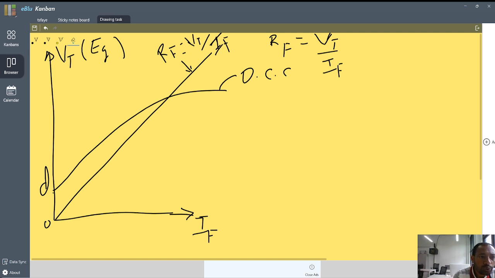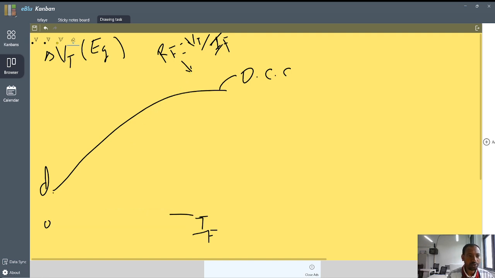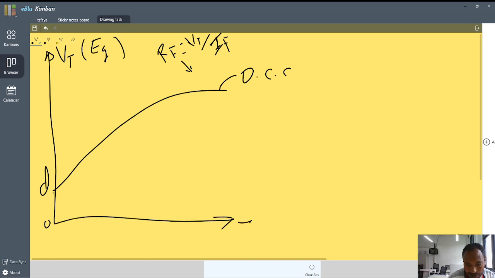Now to show you how this voltage building process happens in a shunt generator, like we have seen in a separately excited generator, this is IF.